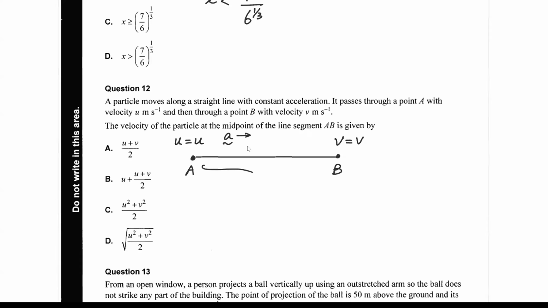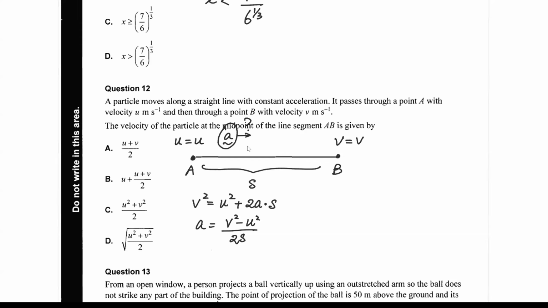Let's say the distance of AB is s. We can actually find the acceleration a here. If we use v squared equals u squared plus 2as, I'm able to get a equals (v squared minus u squared) divided by 2s.